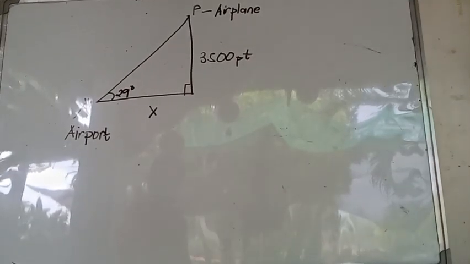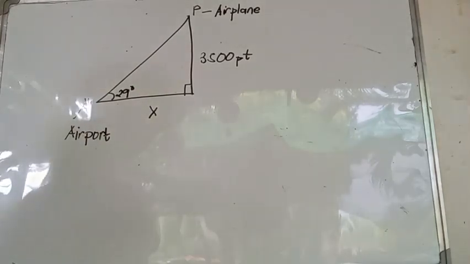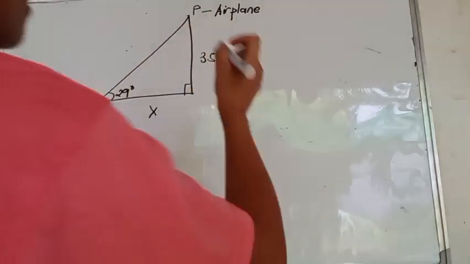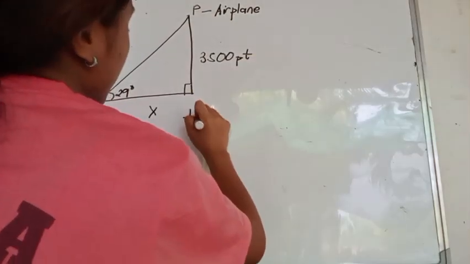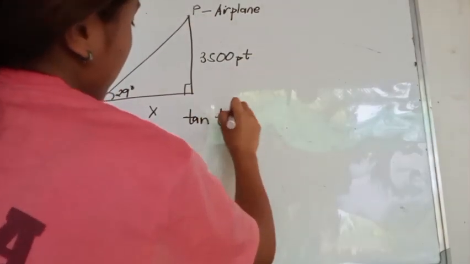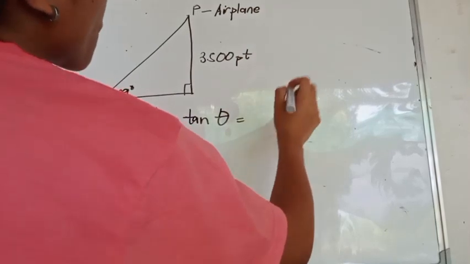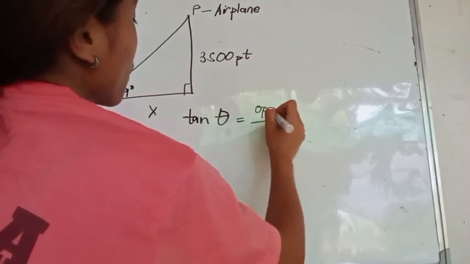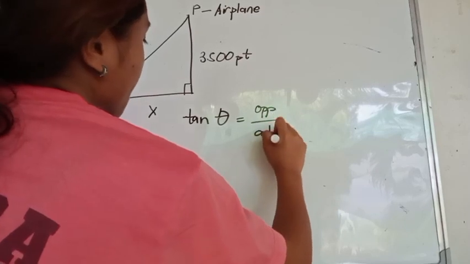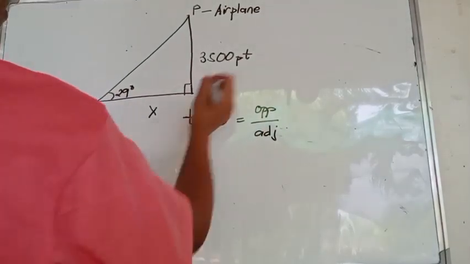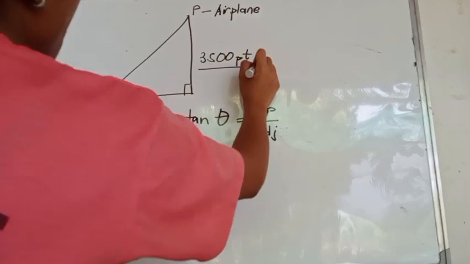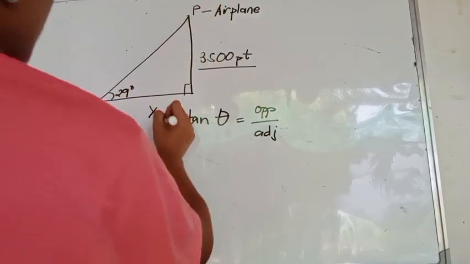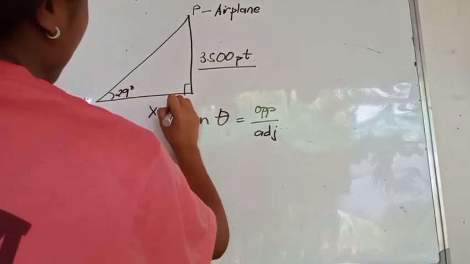So, let's use the trigonometric functions. Let's use the tangent. Tan theta is equal to opposite over adjacent. The opposite here is 3,500 feet and the adjacent here is x, which is the unknown.